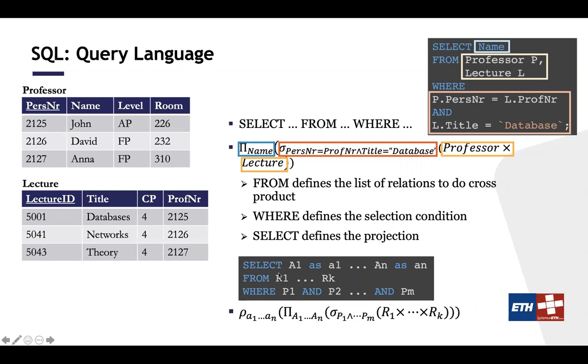Everything after from forms a cross product, everything after where gives you a selection condition, everything after select gives you both the renaming of the attributes, the new names of attributes, and also the columns you want to project on. So this is just one simple example of select from where.